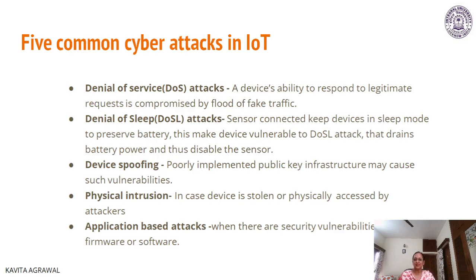There are sensors, and in the sensors there are sleep modes. This sleep mode preserves the battery and the energy of the device. But what happens in this attack? The device is not allowed to go into sleep mode, and this is how it keeps on consuming the energy and ultimately drains the battery power, and thus it disables it.